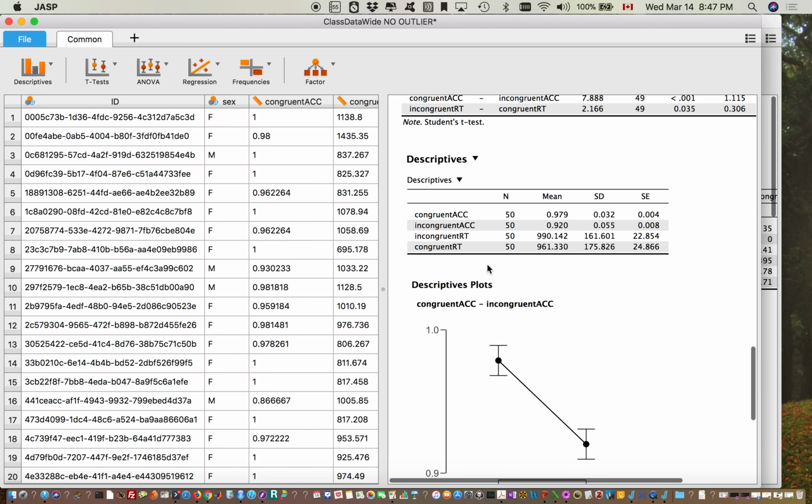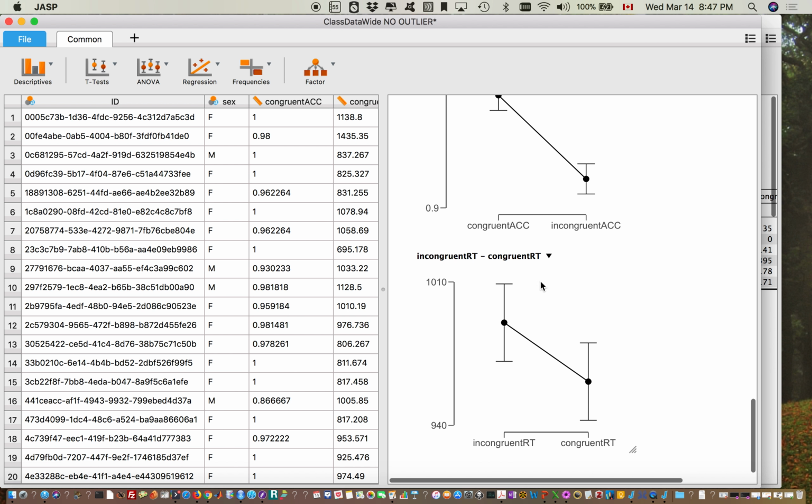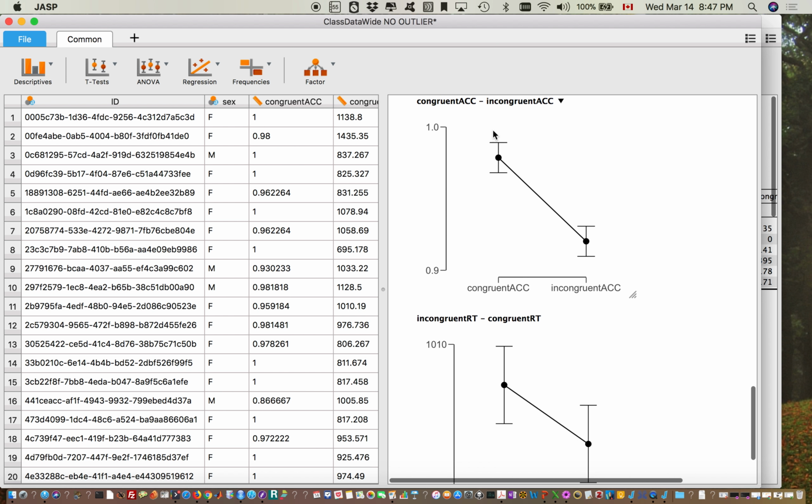We also get the descriptive statistics for the reaction time, and we can see that people took about 30 milliseconds longer on the incongruent reaction times than they did for the congruent trials. You can also see that the spread is much larger. So if you're looking at the accuracy here, you have a very precise estimate of where the center of the distribution is for each of these.